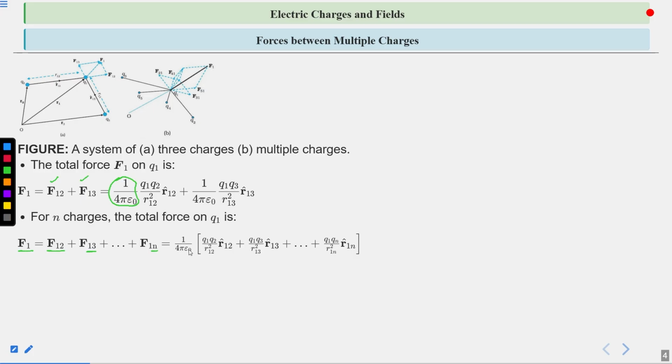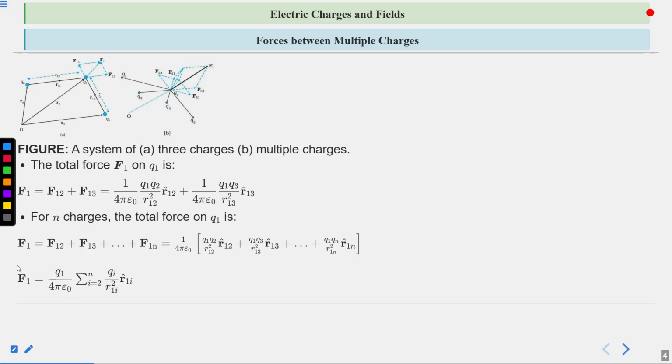So it will be Q1 Q2 divided by r square 12, r cap 12. Similarly Q1 Q3 divided by r square 13, r cap 13. R cap is the direction, the unit vector. Now the force on charge Q1 due to the nth charge is Q1 Qn divided by r square 1n, r cap 1n. So this is the force on a single charge due to n charges. I hope this is clear.